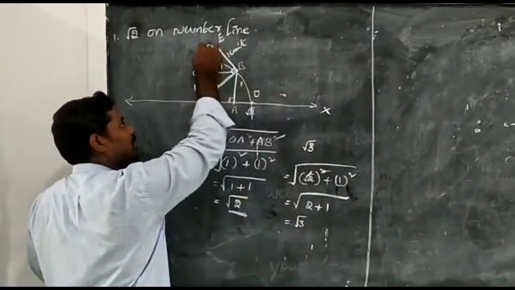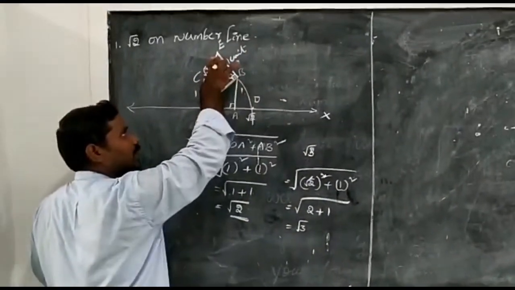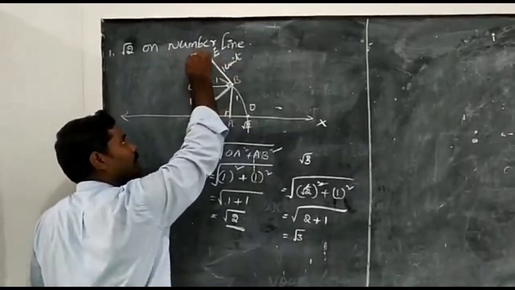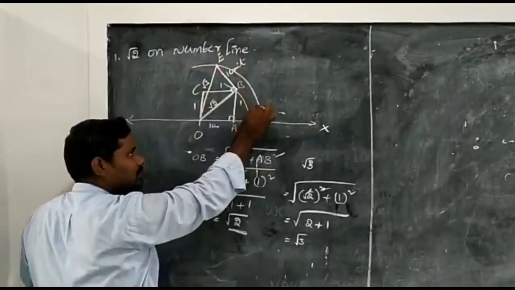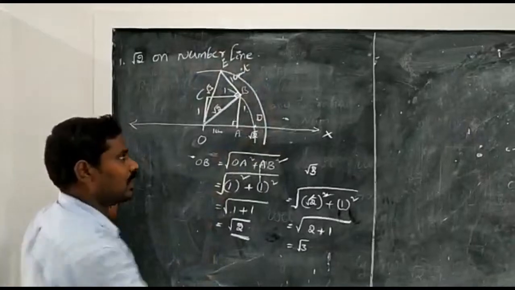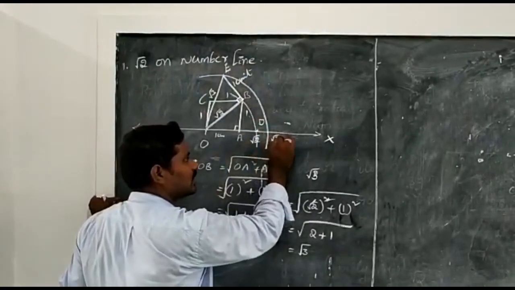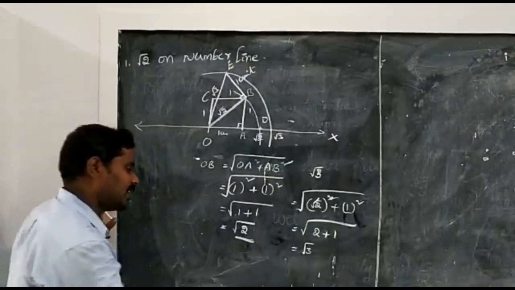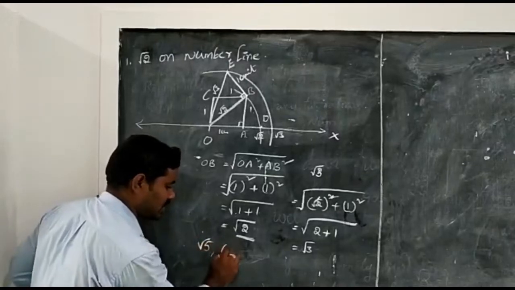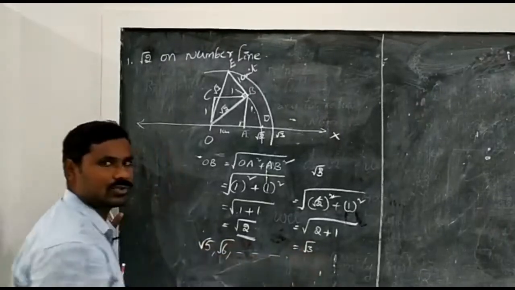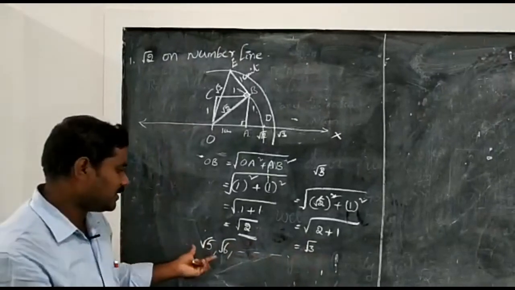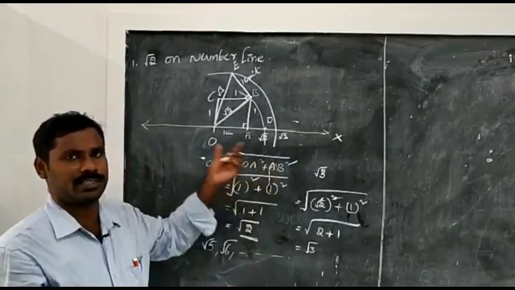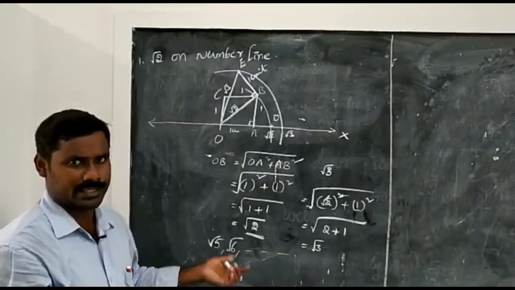Now again the same: OE is the radius and draw one arc using the compass. Now this value is root 3. Similarly you have to find root 5, root 6 and so on. Those are irrational numbers. Represent all these irrational numbers on the number line. You have to try this at home as an exercise.